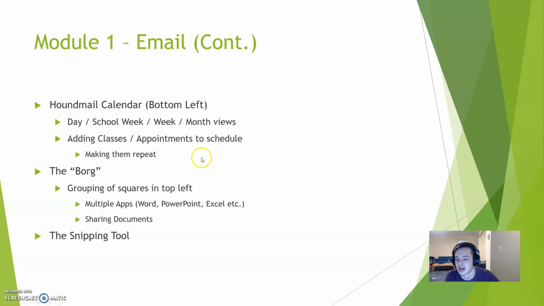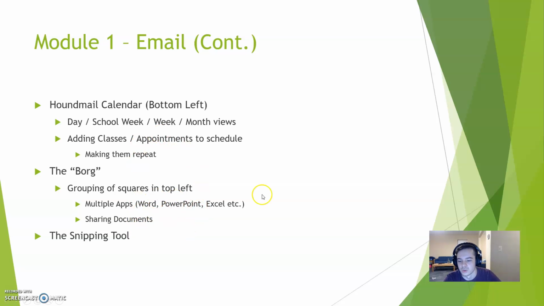And then also in the Houndmail emails, there's the thing, the Borg, which is that little icon that has a bunch of squares in it. And when you open up that, it opens up other applications within our Houndmail emails, like Office 365 things, like Word, Excel, PowerPoint, other things like that.